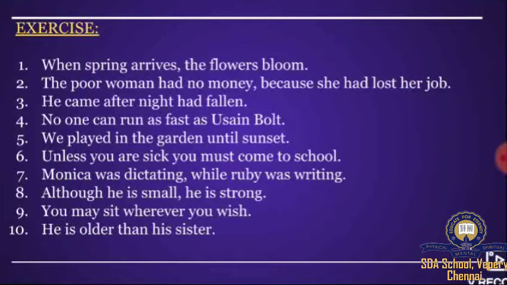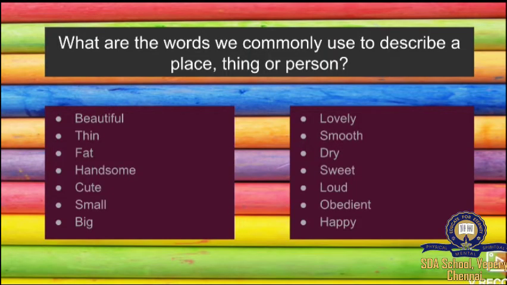What are the words we commonly use to describe a place, thing, or a person? So below are two boxes in which I have put a few of the words with which I will describe a place, thing, or a person.